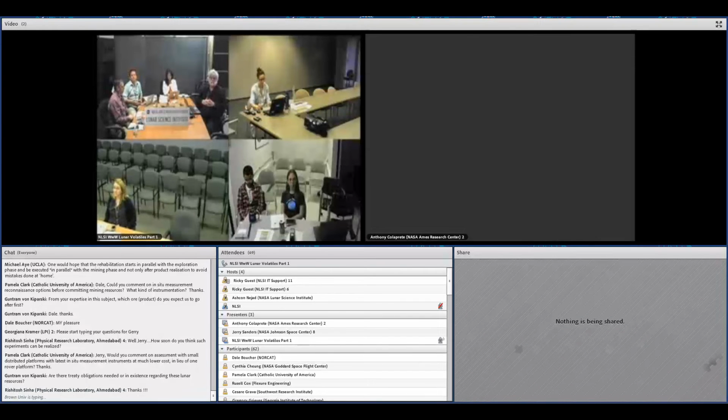Some of the community like the rover with the instruments more because you have control over where your data set is being taken, as well as you're able to modify your hypotheses as you go along.